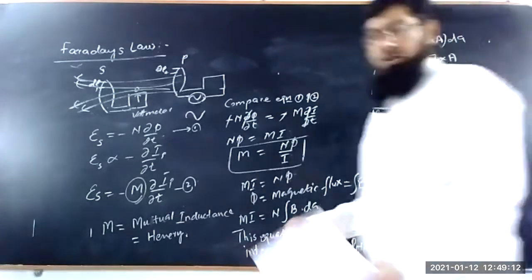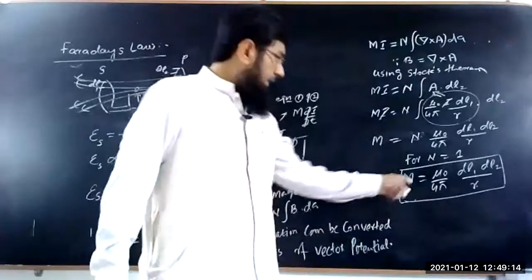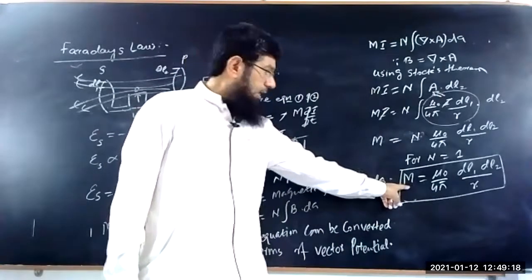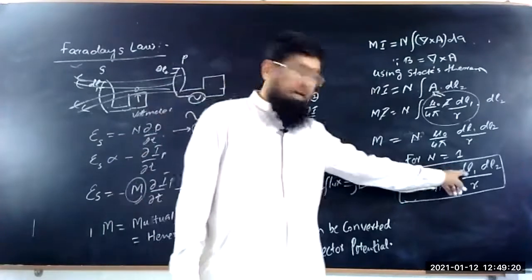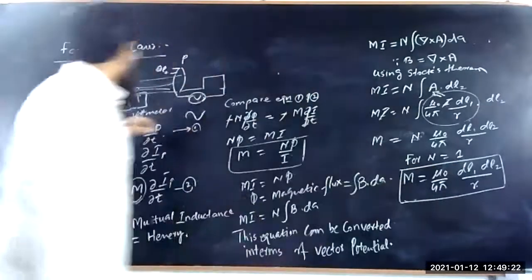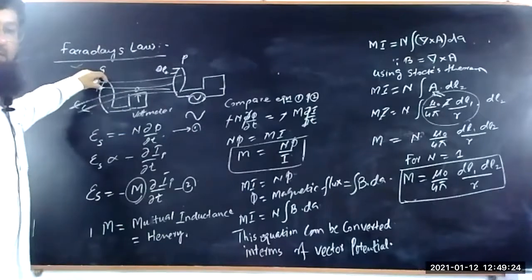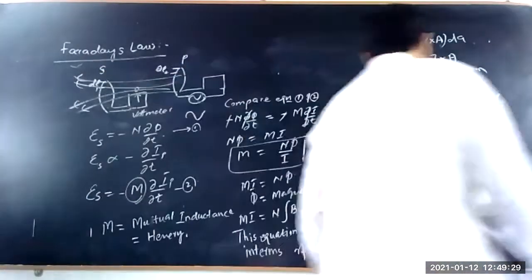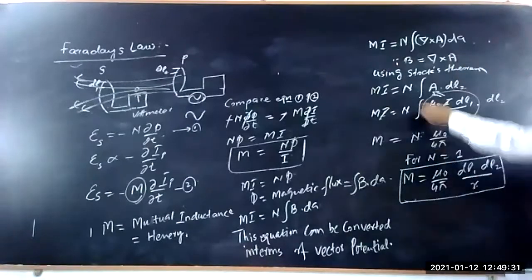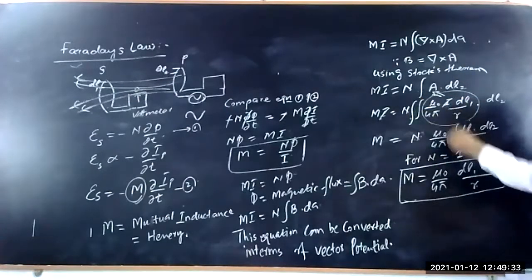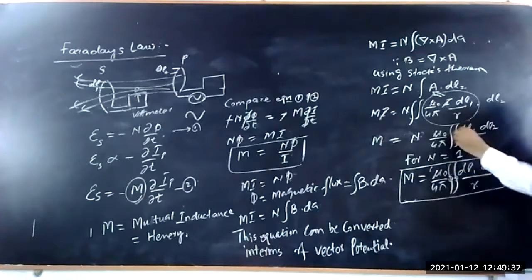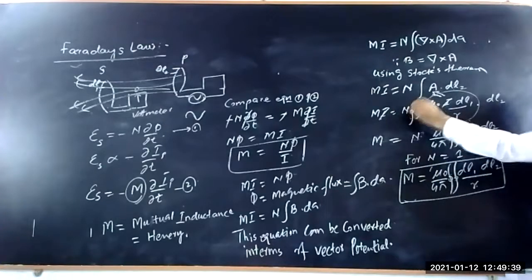coil. If we look here, this is M, which is called the mutual inductance. Mutual inductance depends upon dl1. dl1 is the length of the element. Integrating over it gives you the total. Here we have a double integral in the closed path.